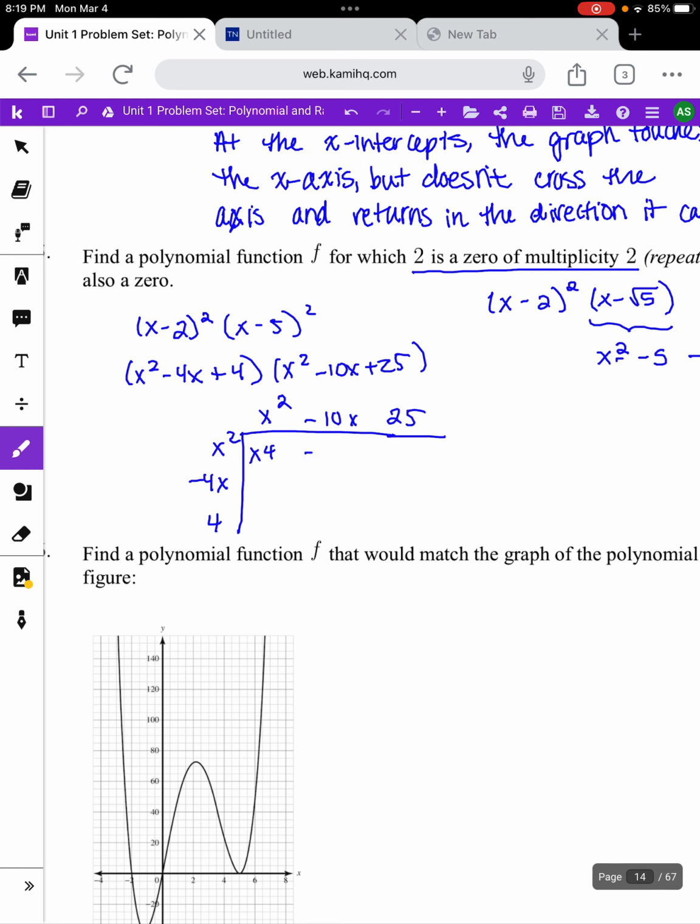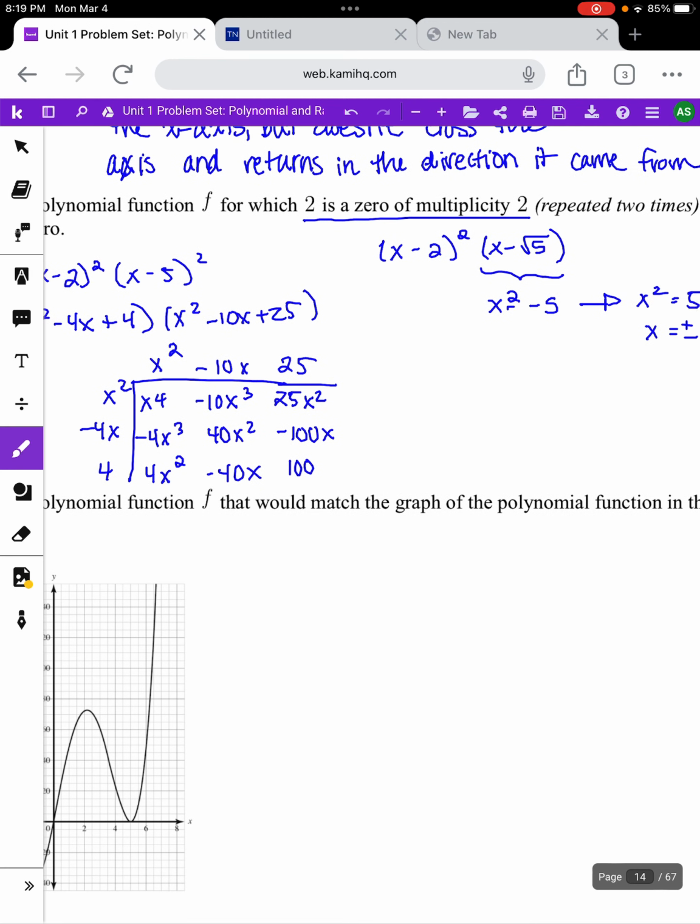X to the 4th minus 10x to the 3rd, 25x squared, negative 4x to the 3rd, 40x squared, negative 100x, 4x squared, negative 40x, and 100.